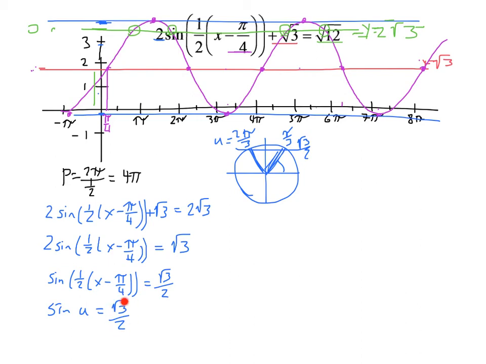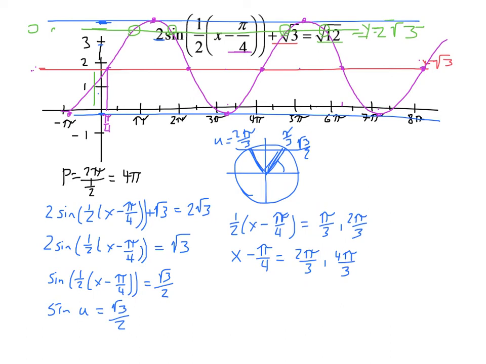And if we hadn't gotten such a nice number, we'd have to pull out our calculator and figure out what that is, and then do 180 or pi minus that to get this other one. But we know what u is now, so we can actually write this in here as 1/2 x minus pi over 4 is equal to both pi over 3 and 2 pi over 3. There's two solutions for this thing, and we can multiply through by 2.